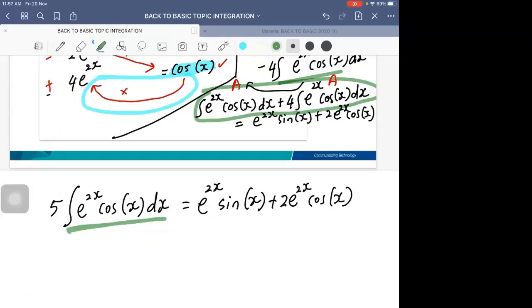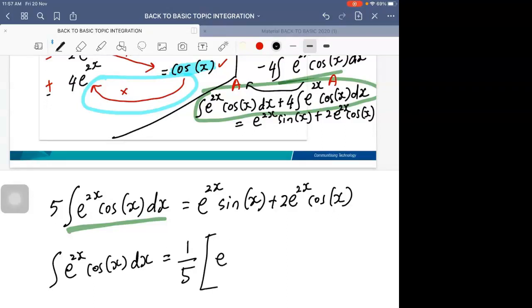My final answer is integrate exponent 2x cos x dx is equal to 1 over 5 times exponent 2x sin x plus 2 exponent 2x cos x, and then don't forget plus c.